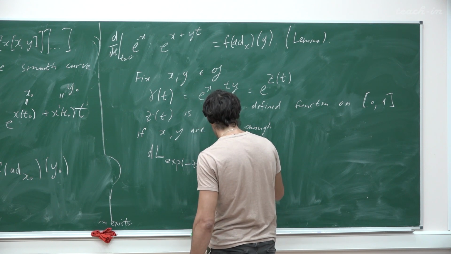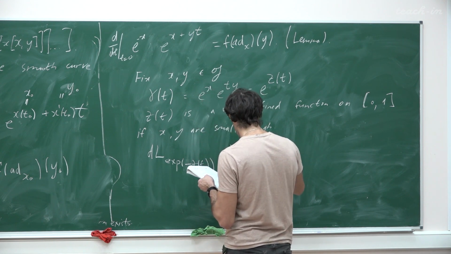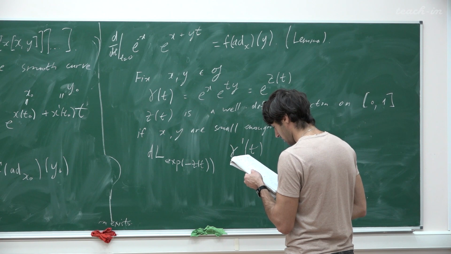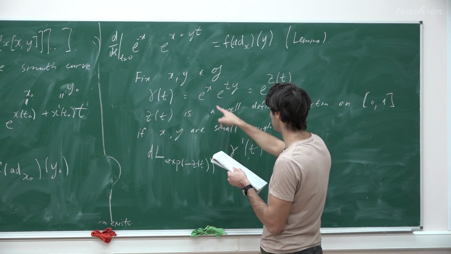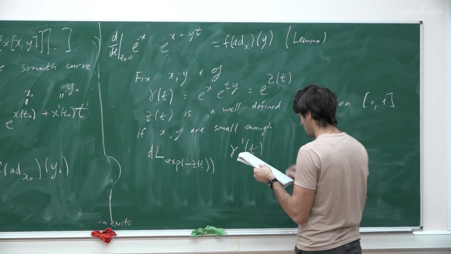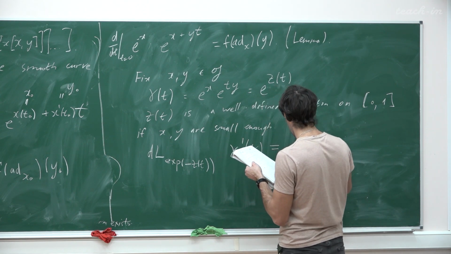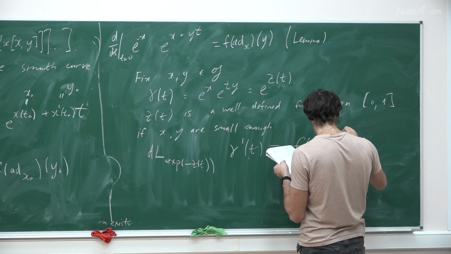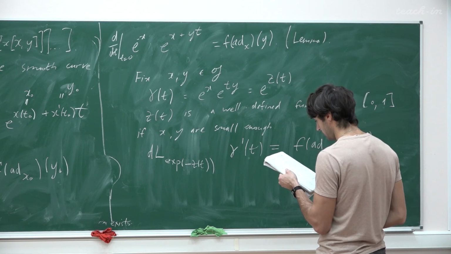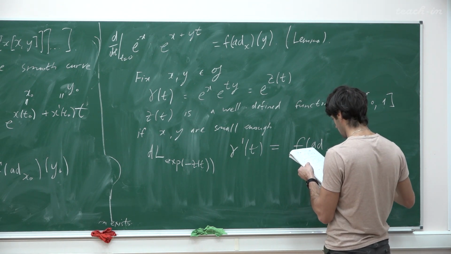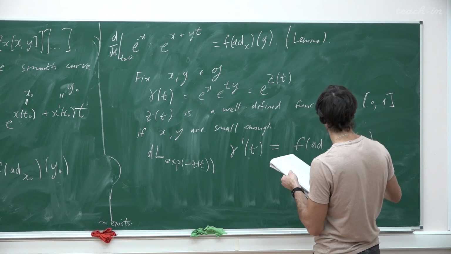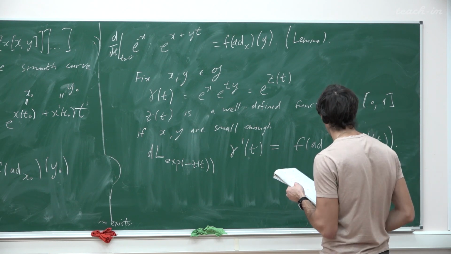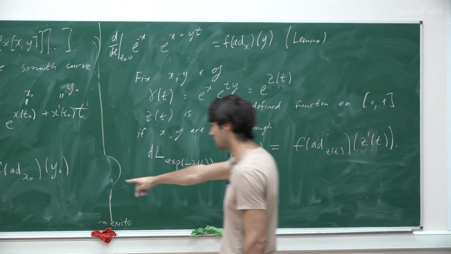And then of gamma prime of t, so I replace t0 by t. Gamma is this guy. Equals f of ad z of t applied to, well, sorry, not y, it is z prime of t, the derivative. So this is just an application of this thing.